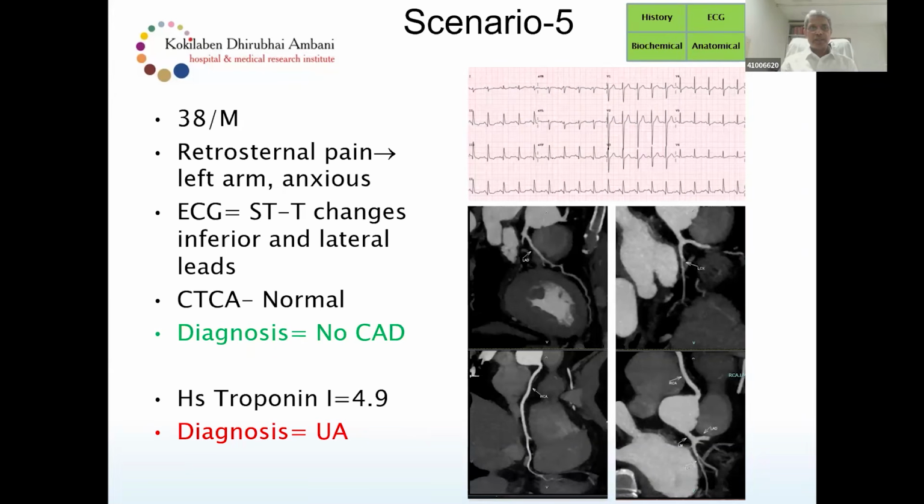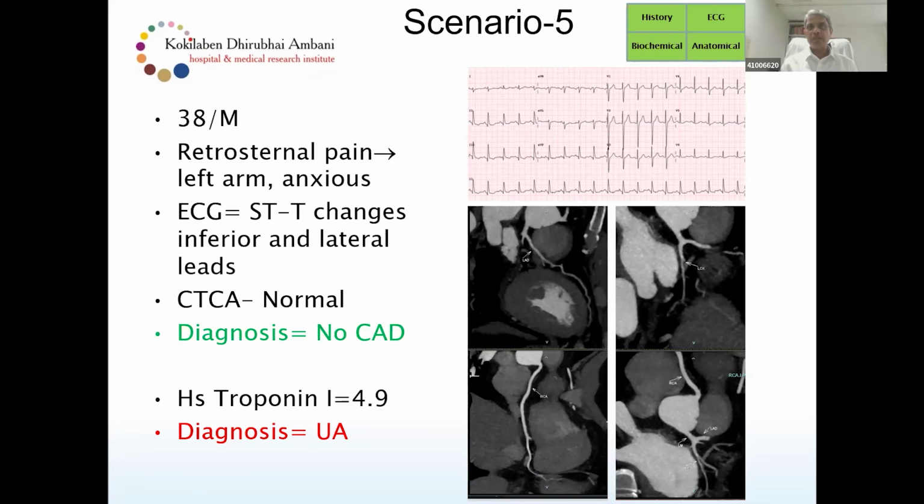So this is a 38-year-old male, retrosternal pain, left arm. He's very anxious. The ECG suggests some ST-T changes in the inferior and lateral leads. So in this patient, we sent the troponin, but because he was very anxious and he wanted a final answer, we went ahead with CTCA even before the troponin results came, and the diagnosis was normal, no coronary artery disease.